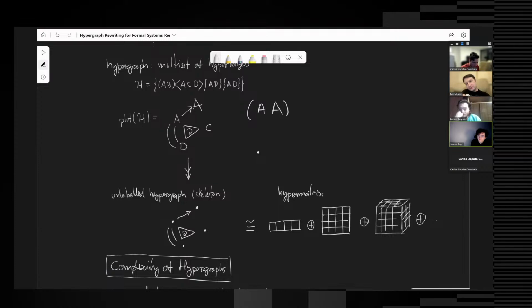You can keep track at the level of the data structure. At the level of the hypermatrix, the things are completely equivalent. That's why I'm saying that you cannot keep track of labels. The actual hypergraph structure does not change.